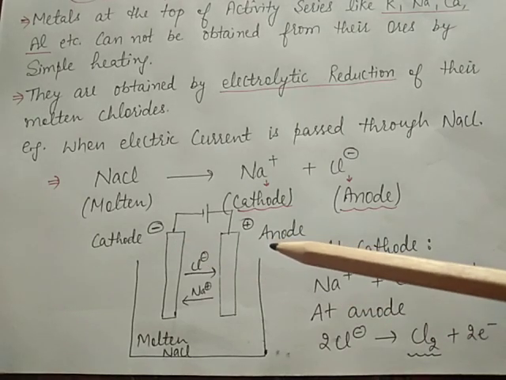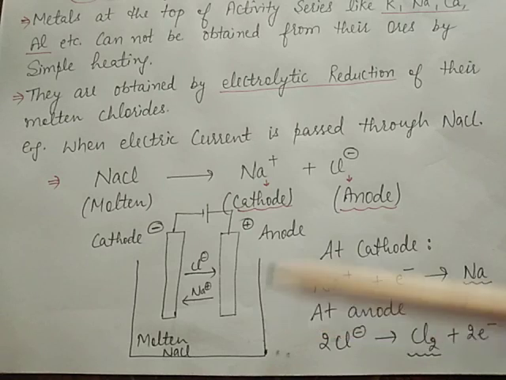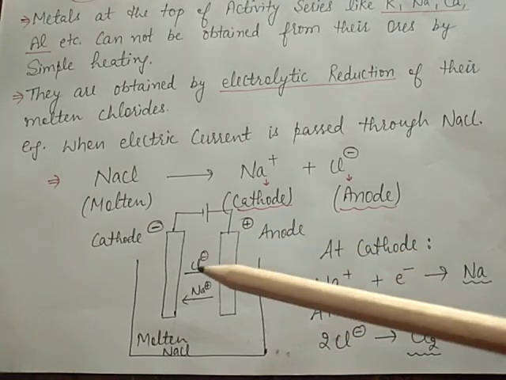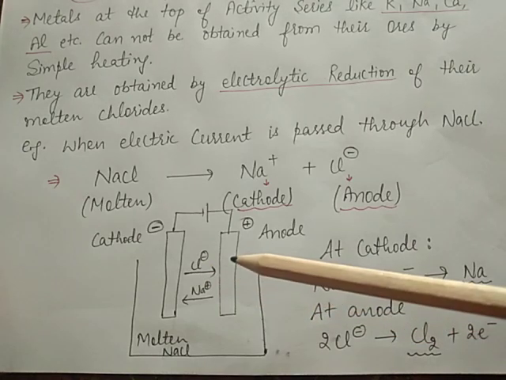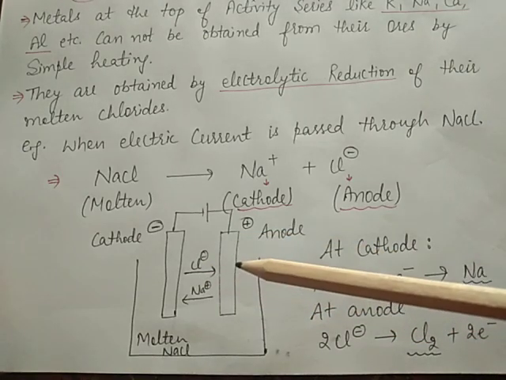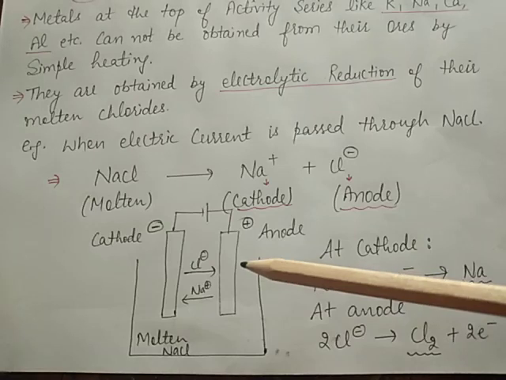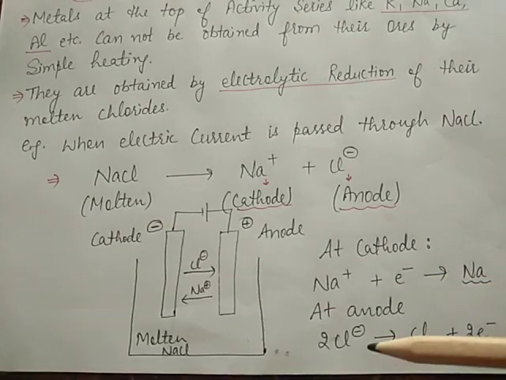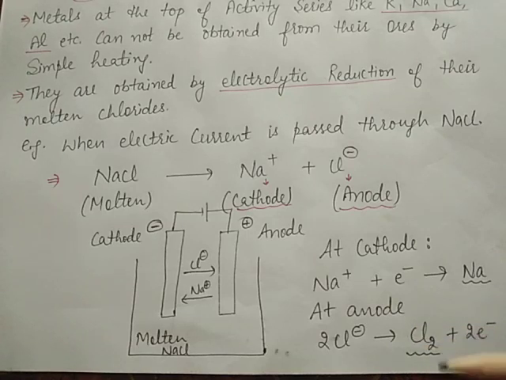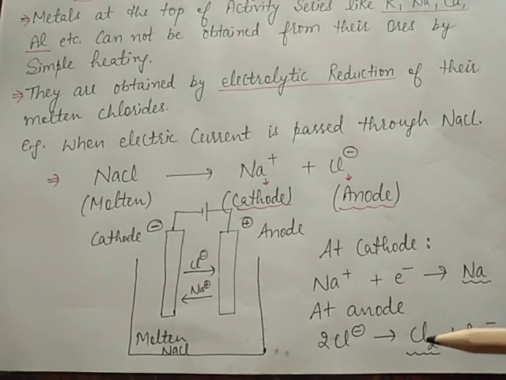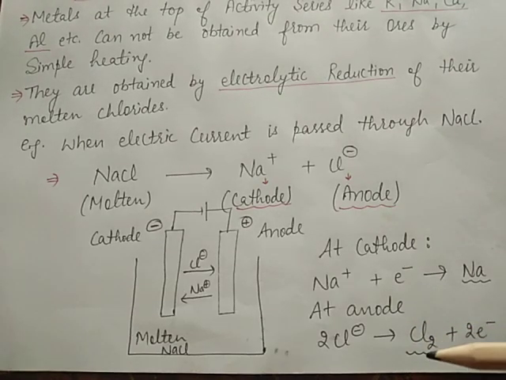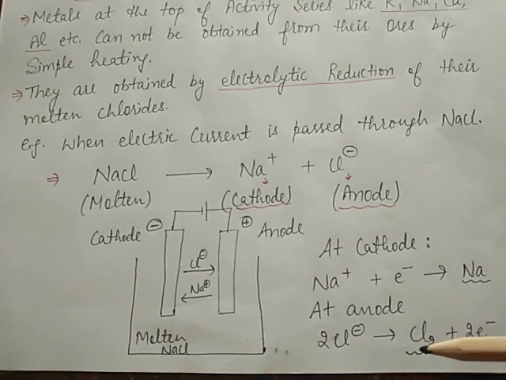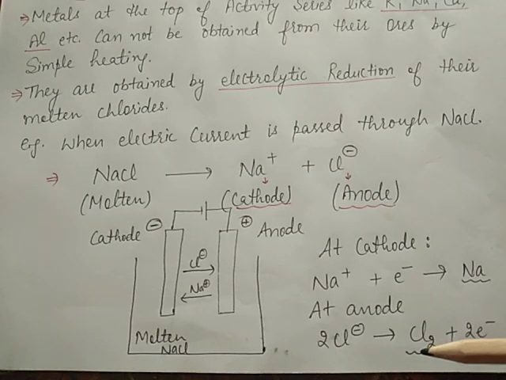At anode, chloride ions undergo oxidation, they release two electrons and form Cl2, means chlorine gas. Means here Cl negative ions are oxidized to Cl2.